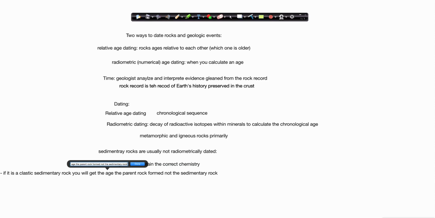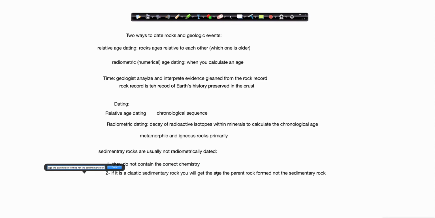What that means is the ages of clastic sedimentary rocks are always older than what they're being dated to, because when you date them, if they contain the correct chemistry, you're dating the igneous or metamorphic rock that it formed from. So you're not getting the age the sedimentary rock formed, you're getting the age of the original parent rock. So clastic sedimentary rocks' dates are always older than when they formed, because you're not dating the right thing.